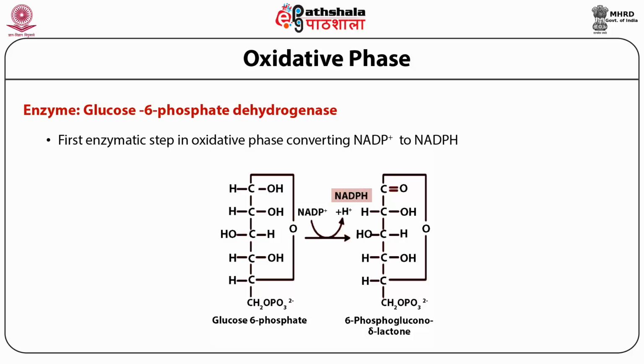If you see in the figure, hydride is transferred to NADP plus, forming a lactone, which is an intramolecular ester. The reaction starts with glucose 6-phosphate dehydrogenase, which oxidizes the aldehyde at the carbon 1 position of glucose 6-phosphate to a carboxylate group.